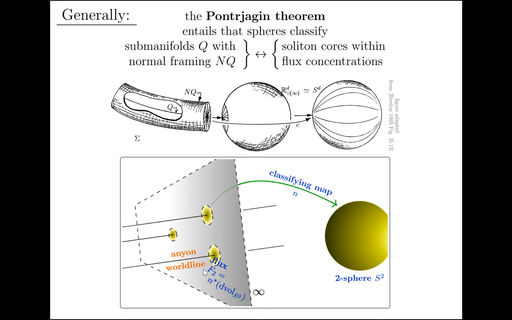And then the Pontryagin theorem tells us that this actually goes in both directions. Conversely, if you have a map to the 2-sphere, it's always homotopy equivalent to such a situation, and so forth. So in this sense, curiously, spheres are, as classifying spaces, actually singled out physically even.